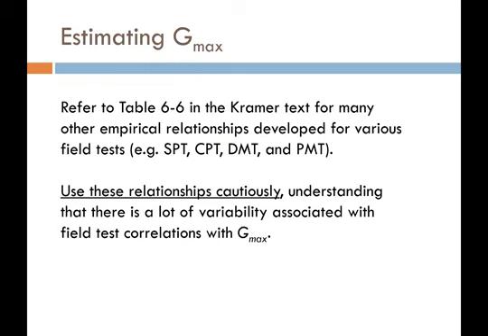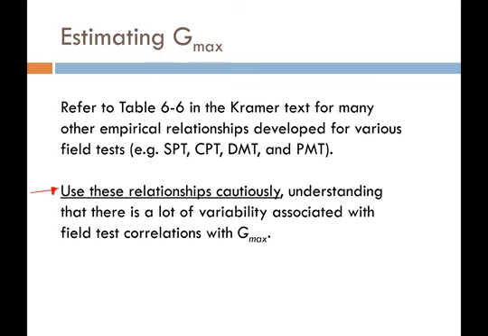I want to emphasize the importance of using these correlation equations that we've been talking about the last few slides very, very cautiously. You have to understand that when we have these in situ tests like SPT, CPT, etc., unless it's a seismic CPT where we're actually measuring shear wave velocity, we are using high strain field methods to correlate a low strain dynamic soil property.